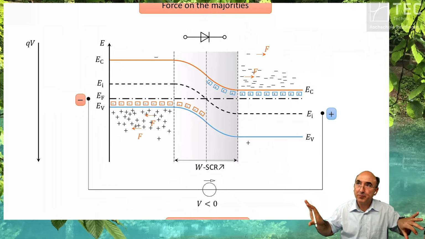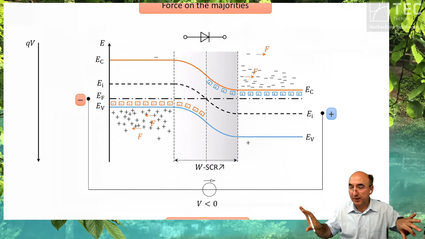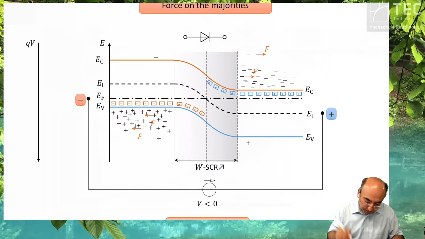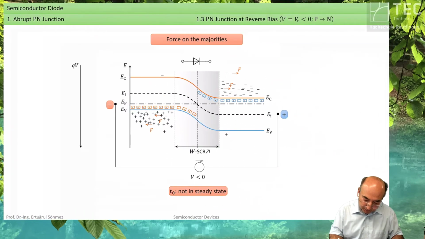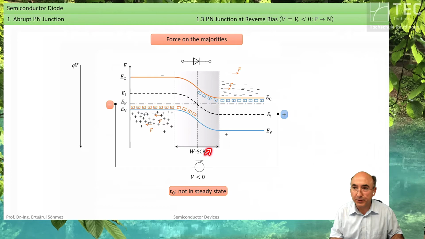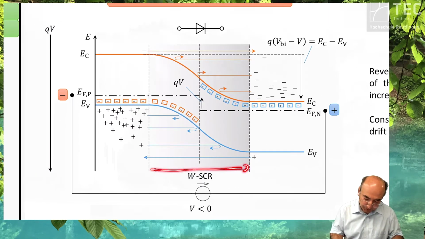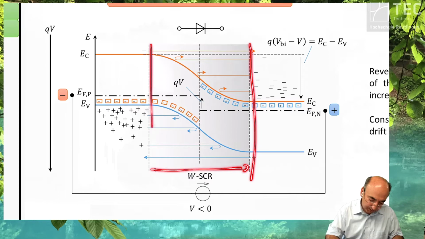This is the easy way, the kindergarten way of talking about what happens. And this attraction causes the increase in the space charge. And the result is the space charge region has increased.